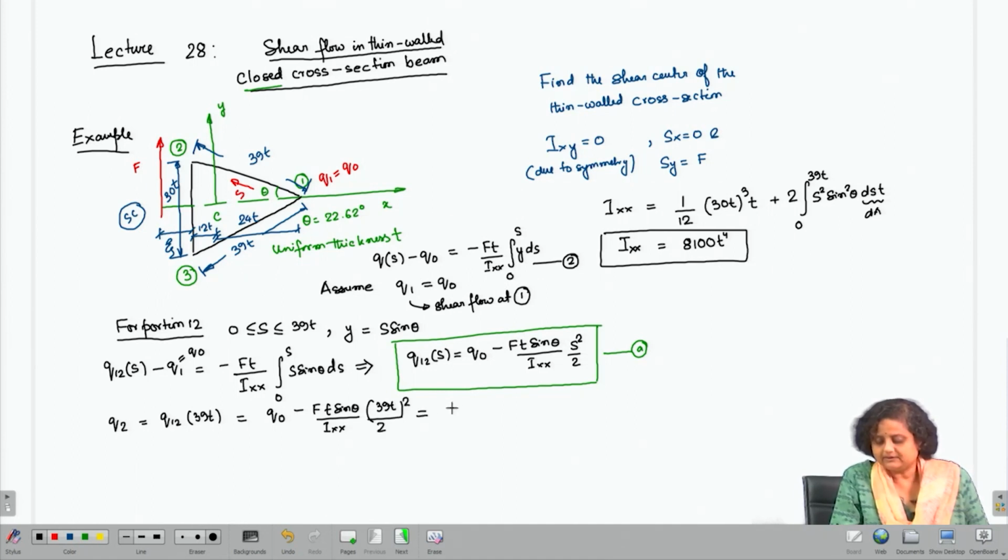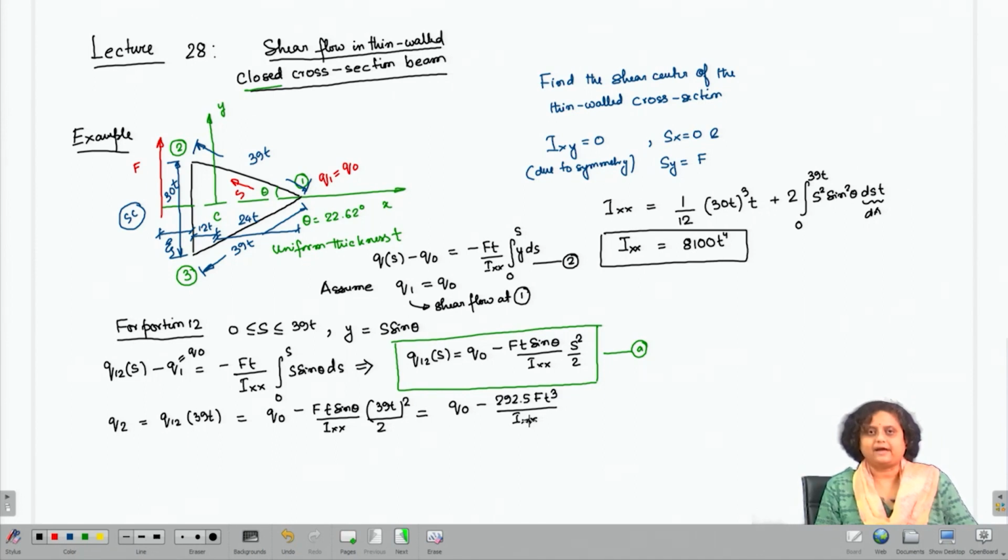If we calculate this further, this ends up being q0 minus 292.5 F t cube by Ixx. So, this is the q2 that we have.